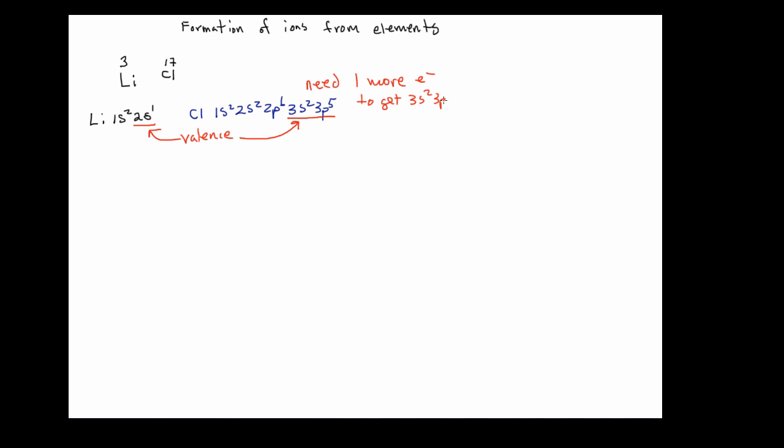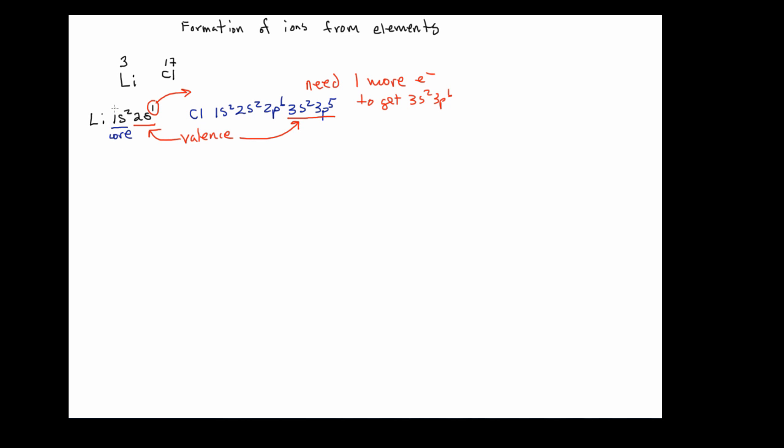3s2, 3p6. And when we look at lithium, we see that by getting rid of this surface electron here, it will fall back on its inner core. Right, this is the core.